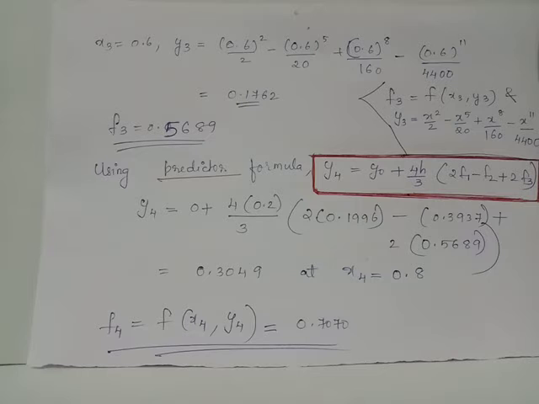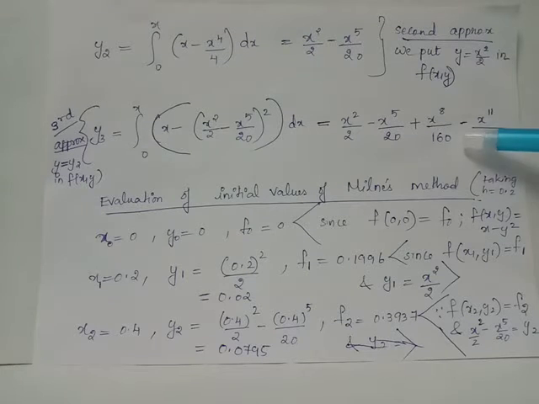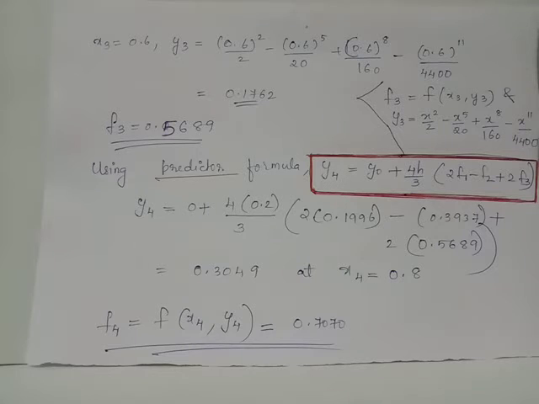Now we will evaluate f3, which is f of x3, y3. We have x3 equals 0.6, and y3 can be evaluated using this expression of y3, which follows from the third approximation from Picard's method. In this expression of y3, we will give x equals x3, that is, x equals 0.6 is substituted here in the expression, giving the value of y3 as 0.1762.